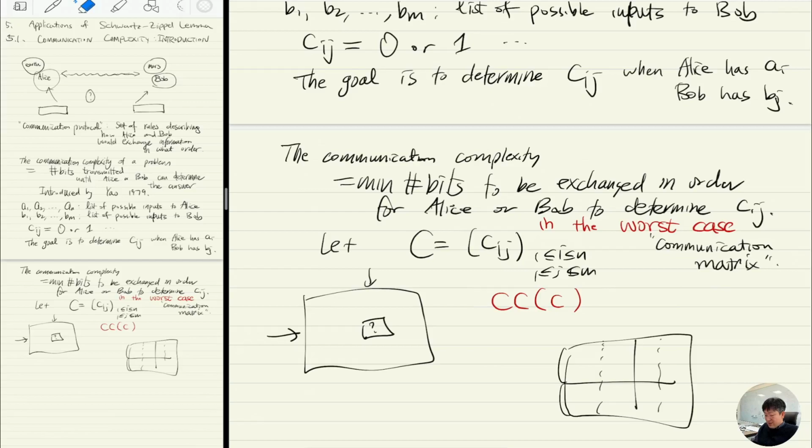So eventually, if I can answer the problem with k bits of communication, then we are able to partition the columns and rows with rectangles, right? Some submatrices, and inside each submatrix, the answer is all the same, right? All 1 matrix or all 0 matrix.